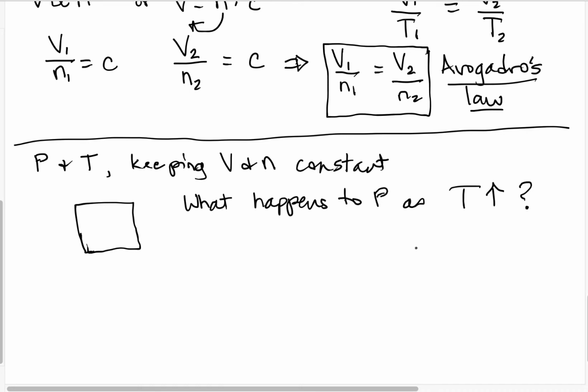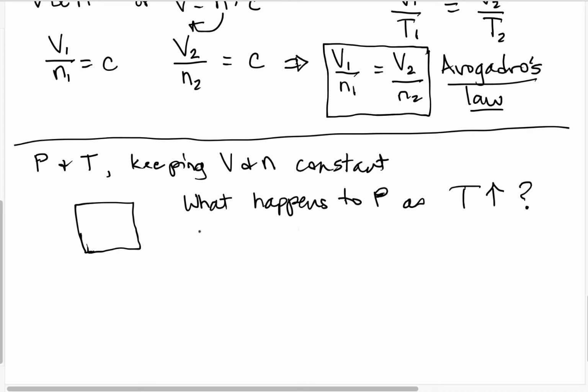So remember what happened with the volume as we increased the temperature. The volume increased, and we know that if a gas is taking up more space when we increase the temperature, now we're not allowing it to expand.